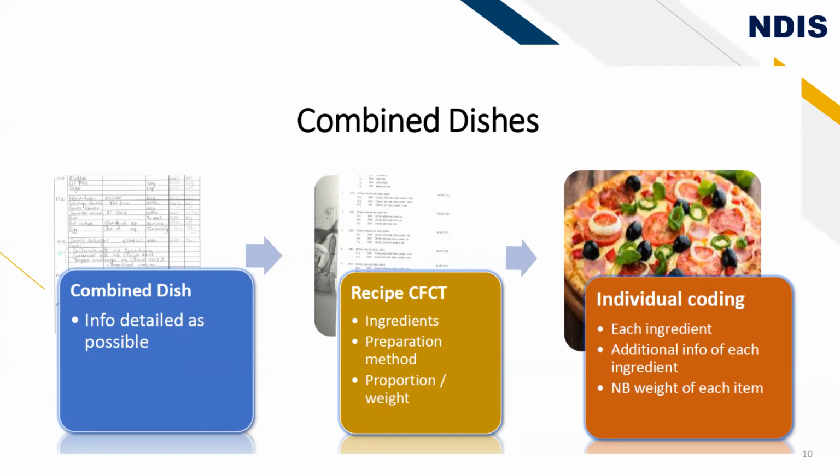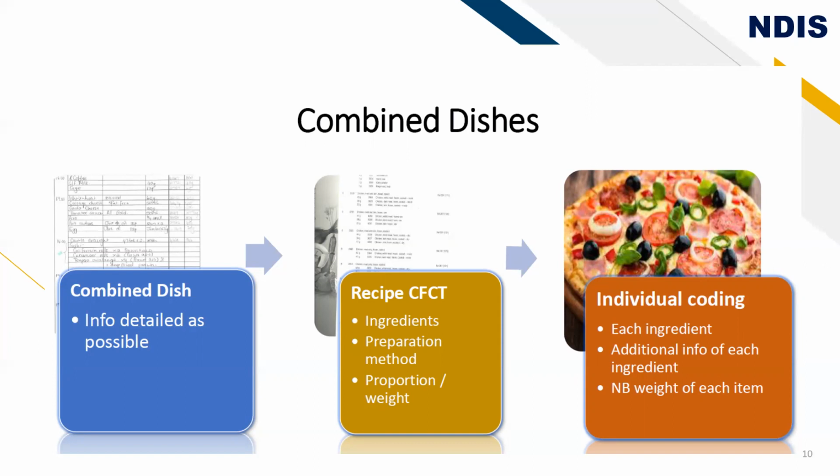Or if it is, for example, a pizza, you will have to list each ingredient. So you'll have your pizza base, and then you will have your salami, your tomatoes, your olives, which you would list underneath each other. And it's important to try and get the weight for each of the items.